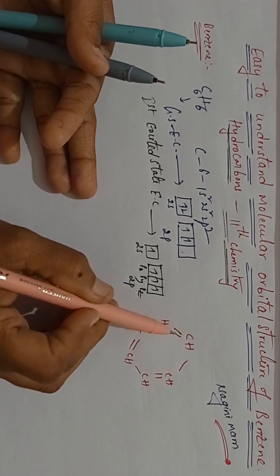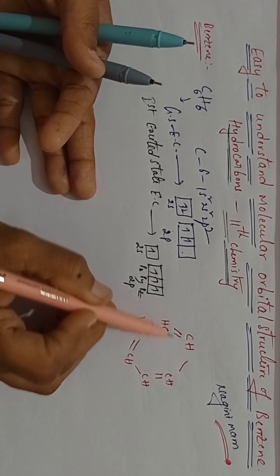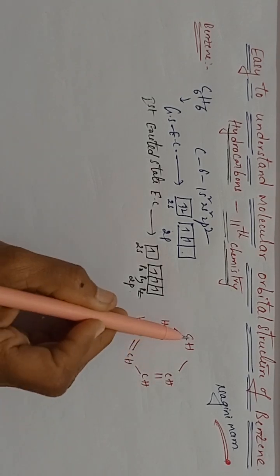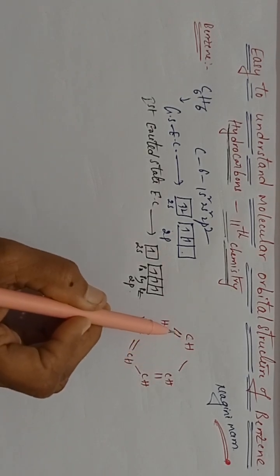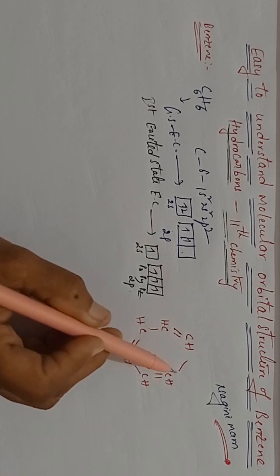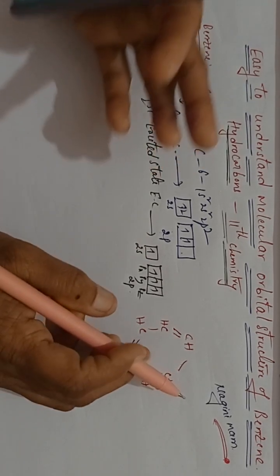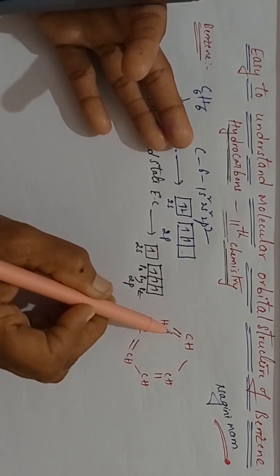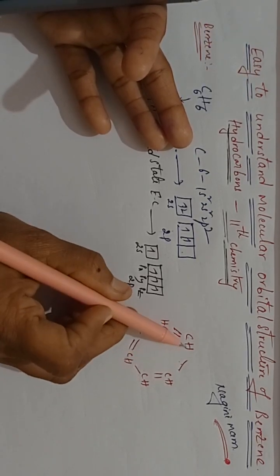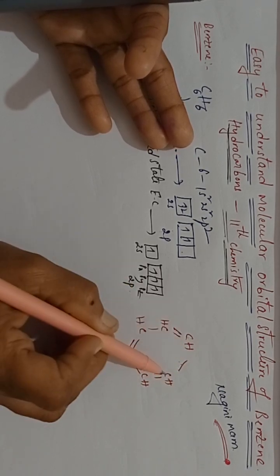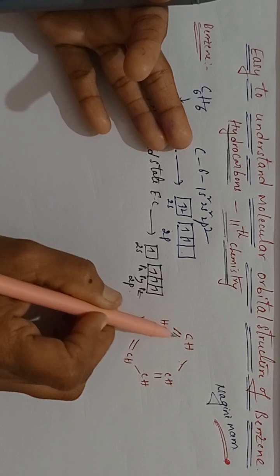Total 3 sigma bonds around each carbon, and one more is a pi bond.